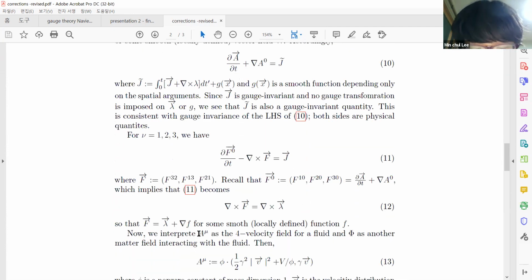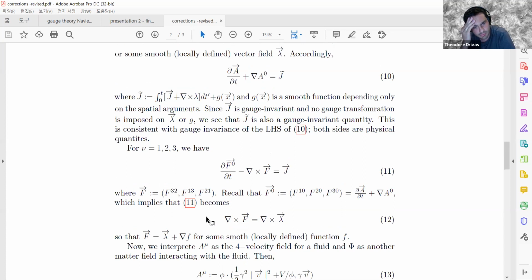Now, I'm a little confused. Why are you saying an external source? You have a Lagrangian, you're writing down the Euler-Lagrange equations, is that right?